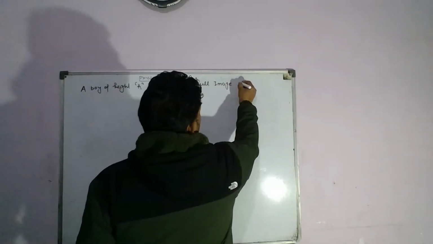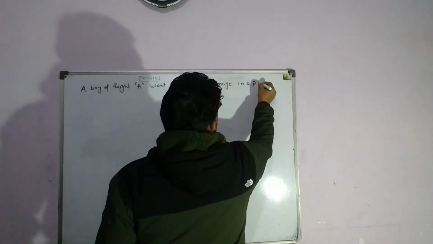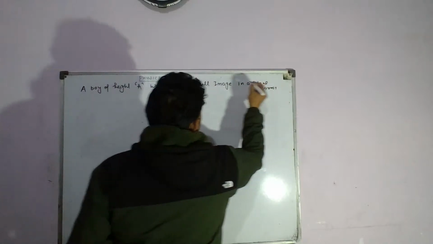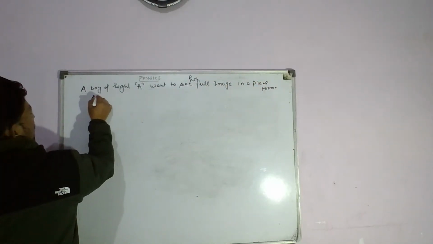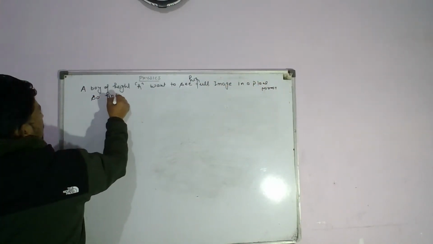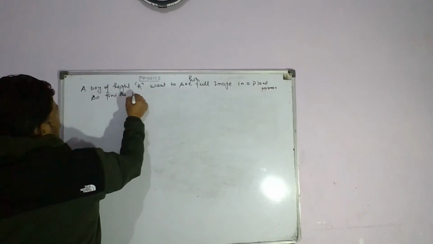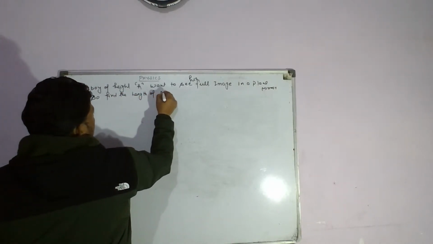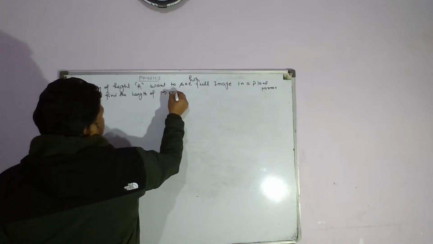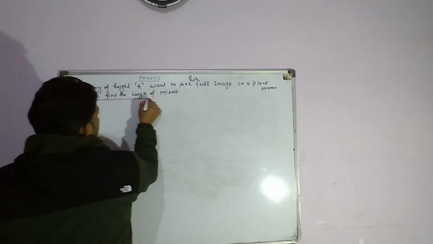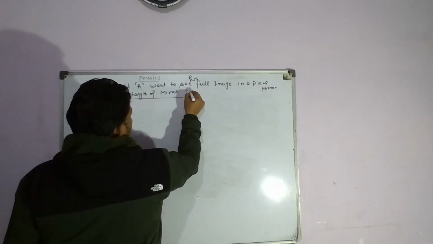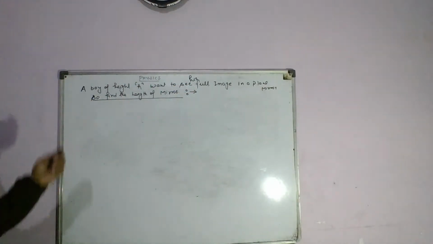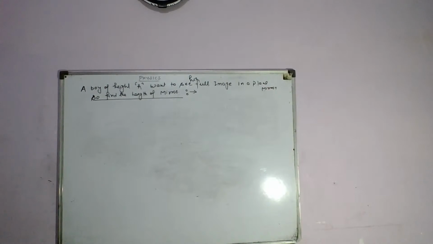Maybe the question is framed from a different point of view. So find the length of the mirror. How much length is required to see the full image? Suppose the height is h.